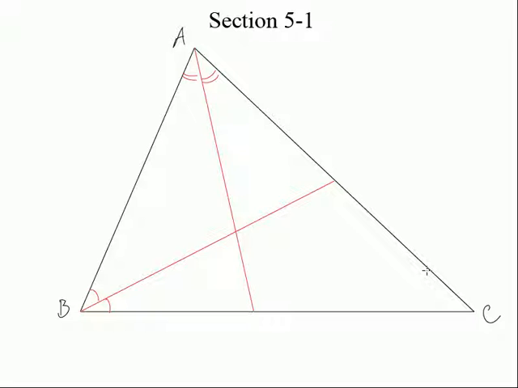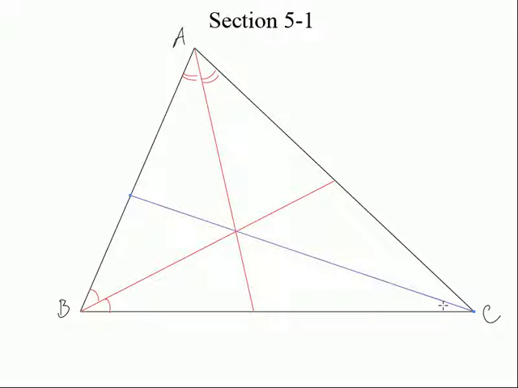Now, guess what? In the first triangle, the perpendicular bisectors, all three lines intersected at the same point. So what would your guess be on this one? It's going to do exactly the same thing. So if I find the angle bisector, oops, I didn't give myself enough room. Let's try this again, way out here. If I did it right, it should intersect those other two lines.